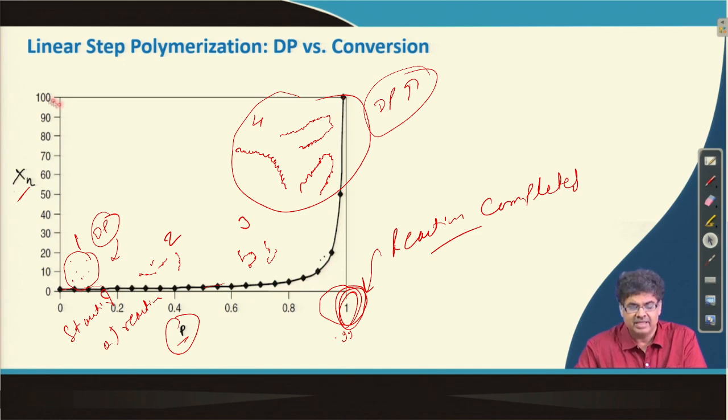But after high conversion, more than 0.9 or around 0.99, near completion of the reaction, very big oligomers are there which finally react to complete the reaction. So your DP will change significantly at the end of the reaction.